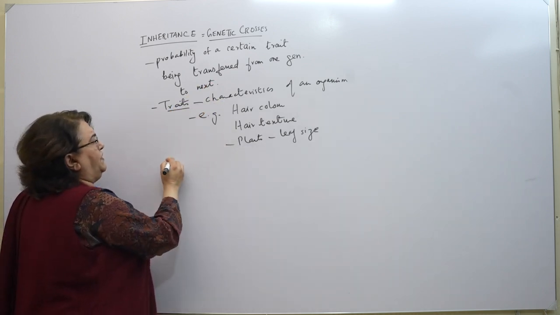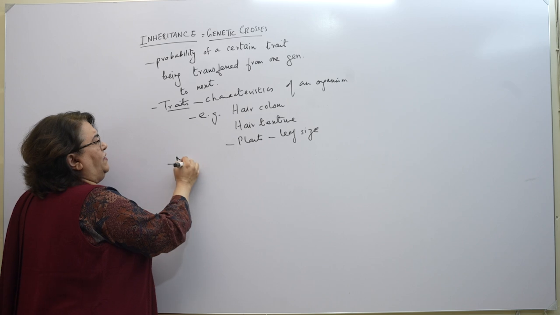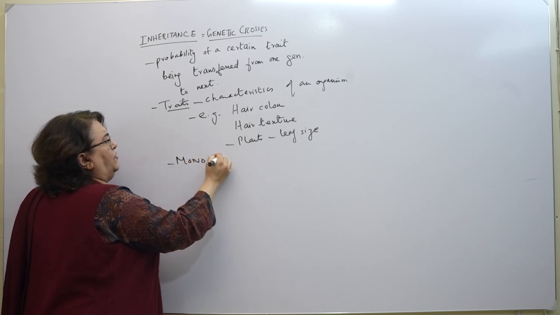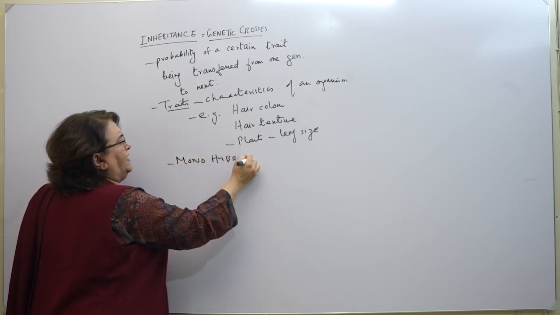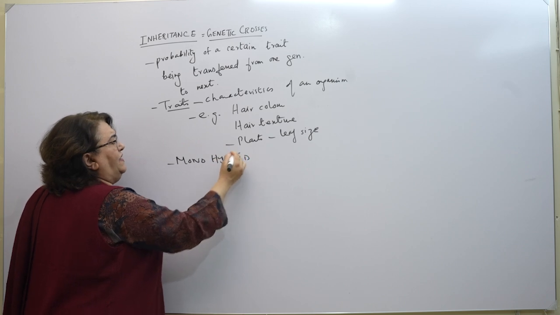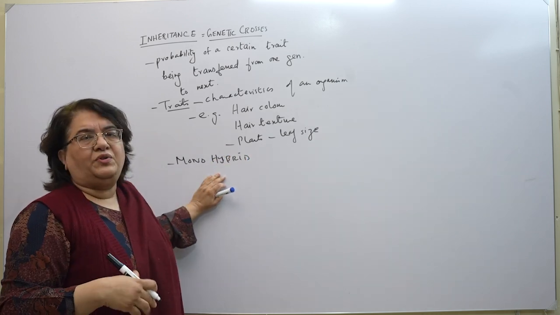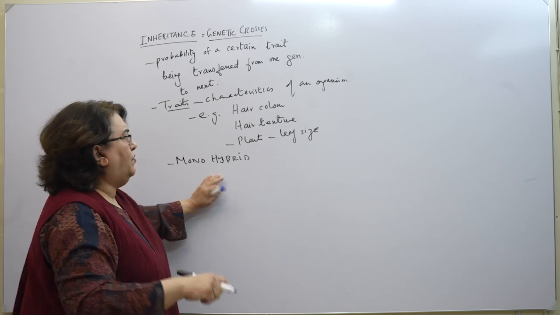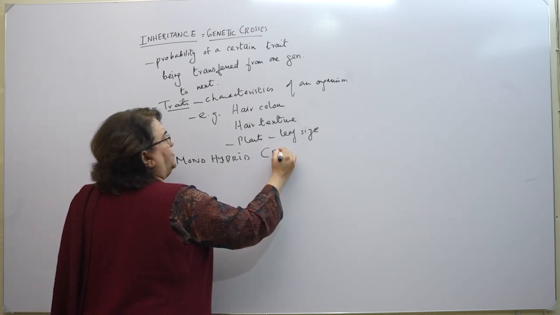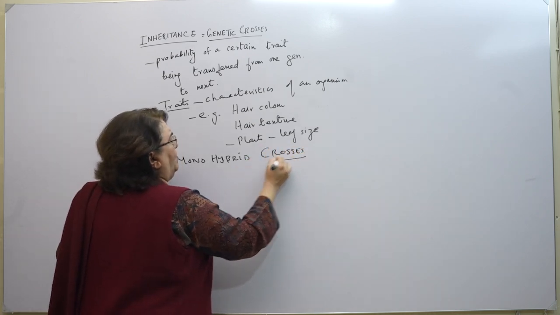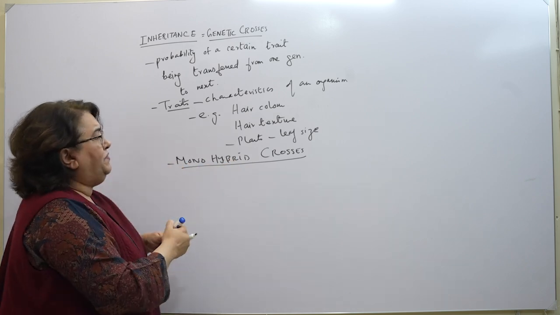How are they transferred? The first one that we look at is when we take only one trait at a time. The technical or biological term for that is monohybrid crosses. Now, monohybrid, what is the literal meaning of the word?